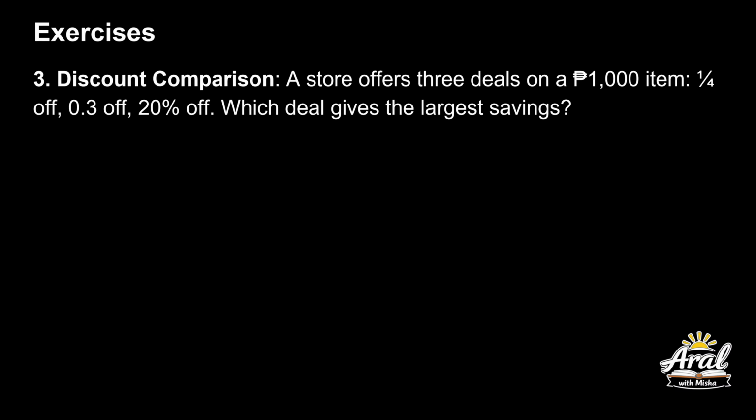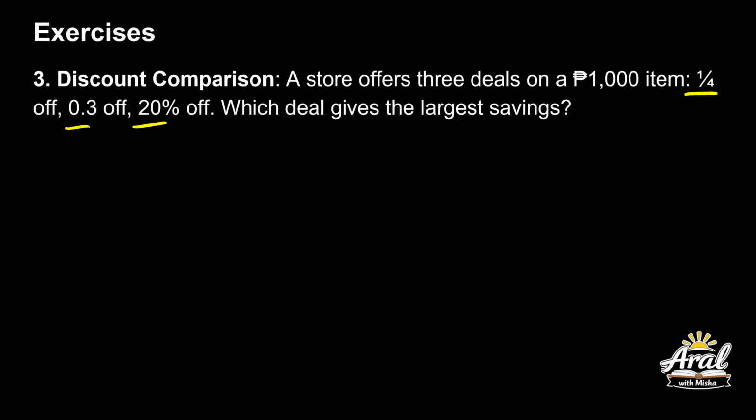Okay, so this comparison naman tayo. A store offers deals on a 1,000 peso item. 1/4 off, 0.3 off, 20% off. Which deal gives the largest savings? So, ano yung pinakamalaki dito? 1/4 ba? 0.3 or 20%?